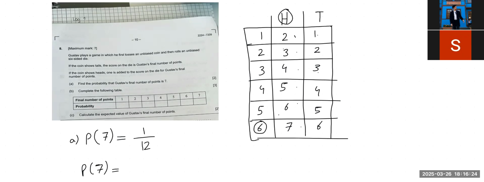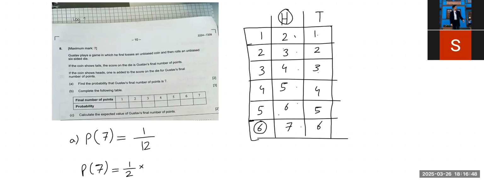Another way to do this would be to simply check what outcome results in a 7. You could get a heads and a 6, right? What's the probability of getting a heads? 1 over 2. 50-50, right? And what's the probability of getting a 6 if you have 6 numbers on the die? On a die, how many ways can you get a 6?